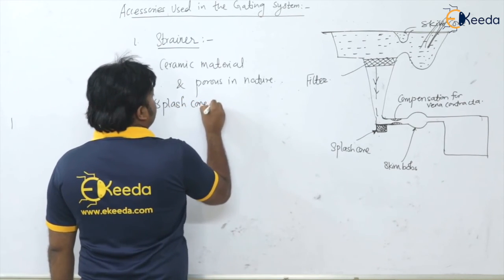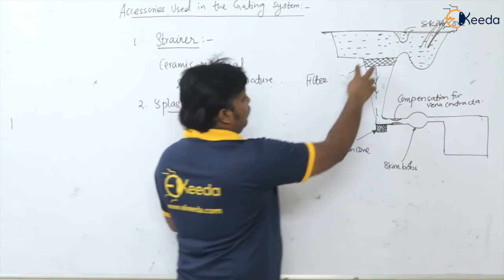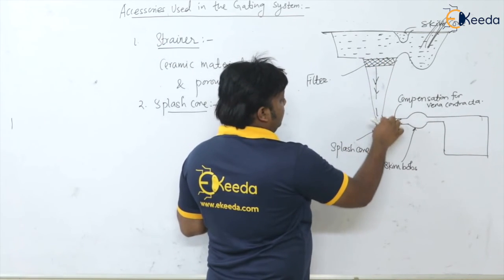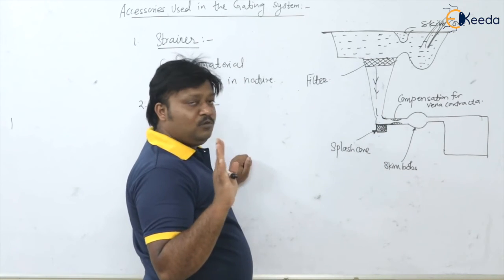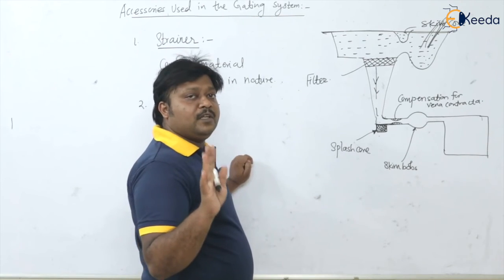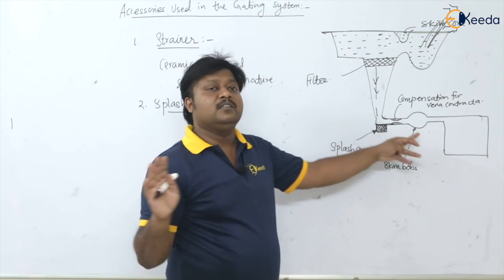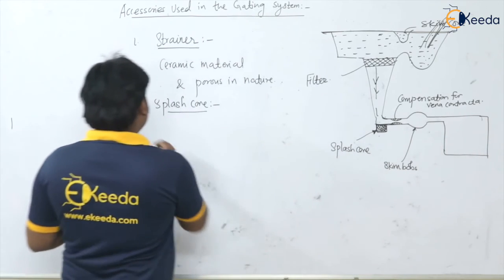Again, this is made up of ceramic material, and because of using the splash core, whatever the impact of molten metal is caused on this, there will be no sand erosion, and again pure molten metal will flow ahead, isn't it? And next is the vena contracta.